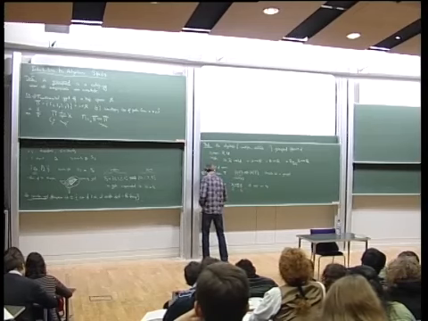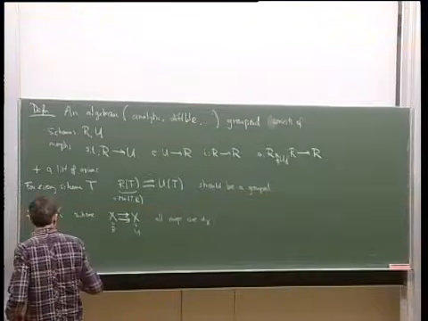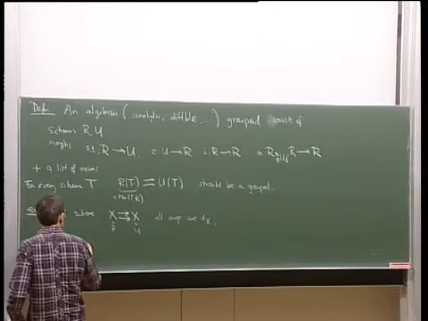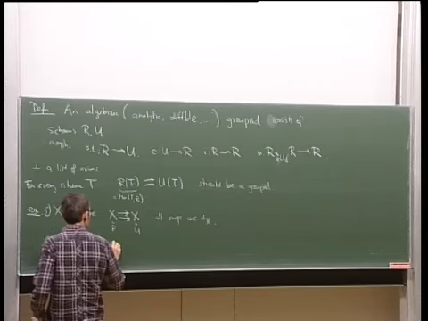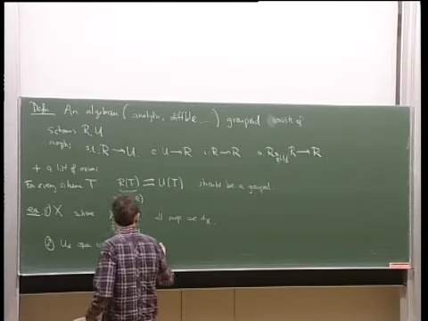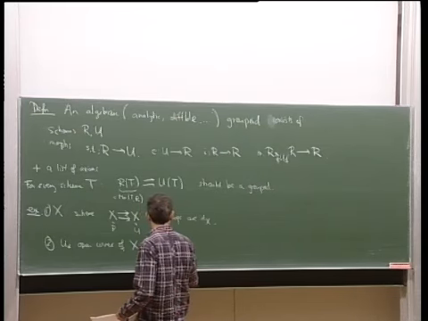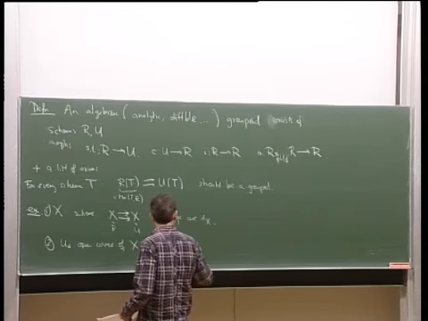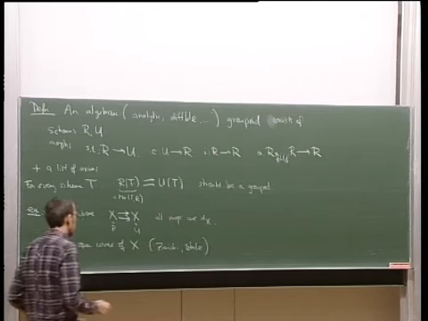More generally, let's say U alpha is an open cover of X, Zariski or étale.